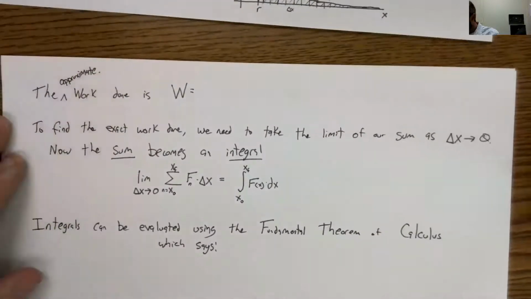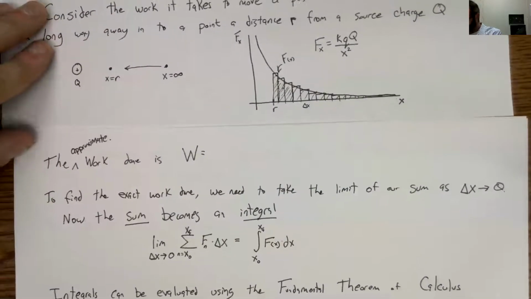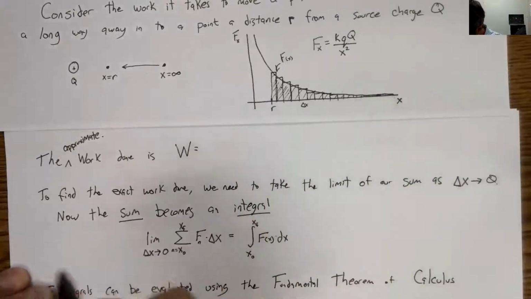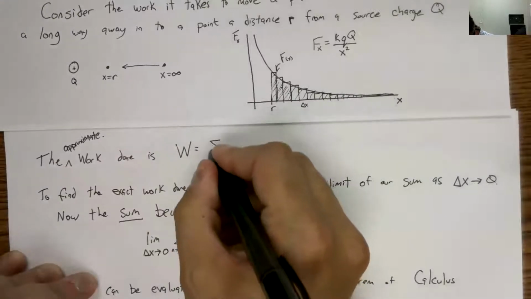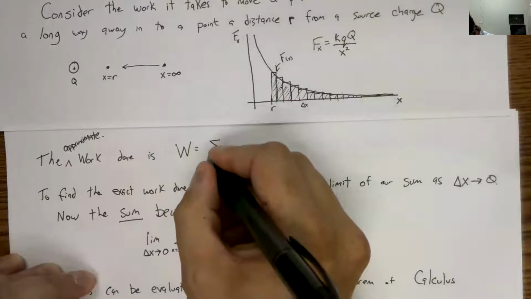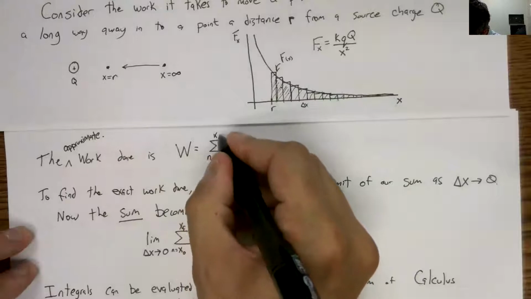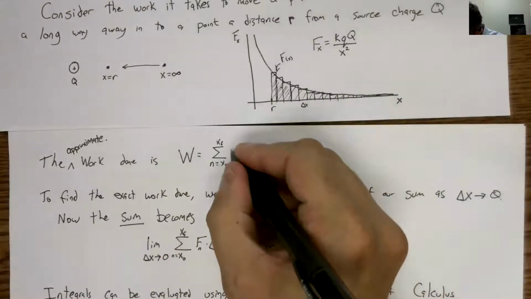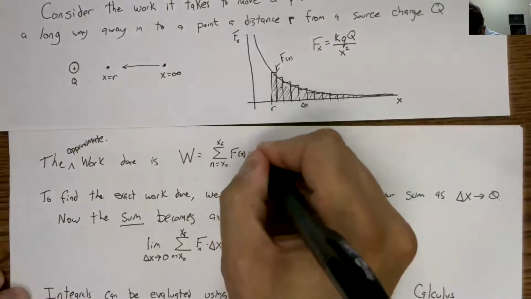So the approximate work done, or what we get by adding up the work done by each of these squares, is going to be the sum where we take our index from our initial to our final x of the force at each point times our delta x.